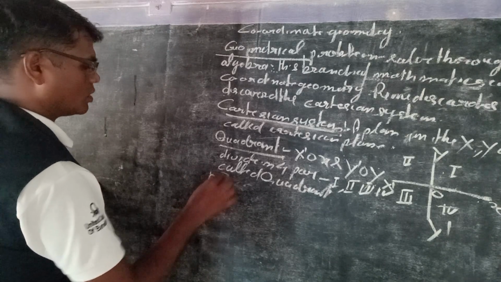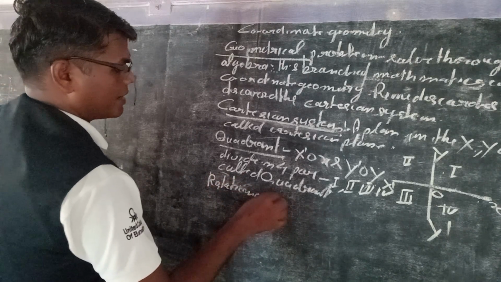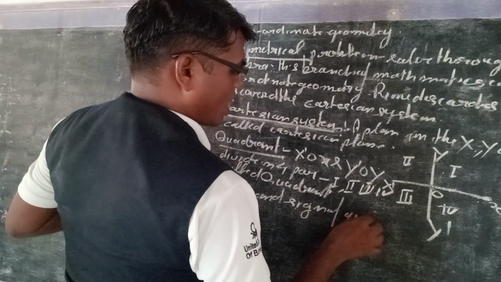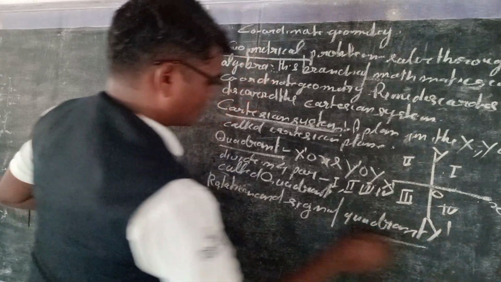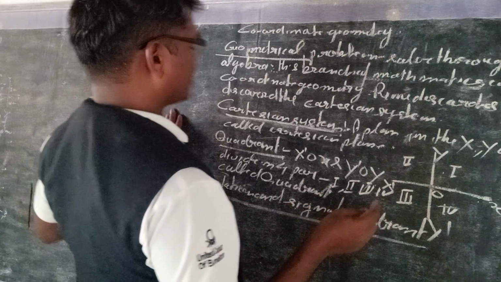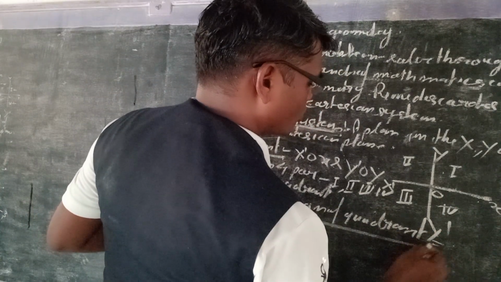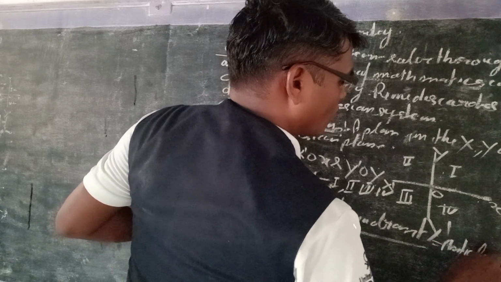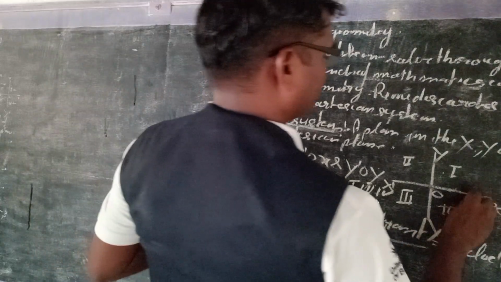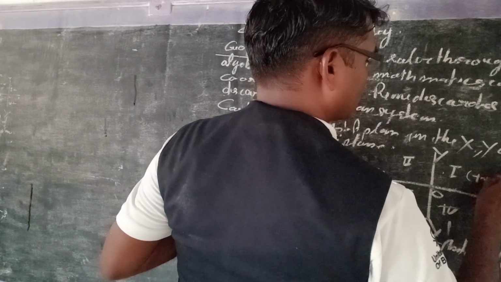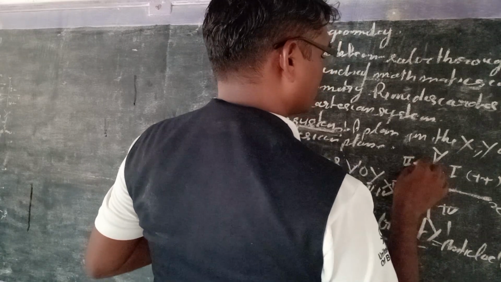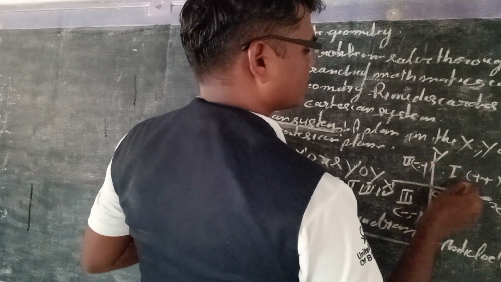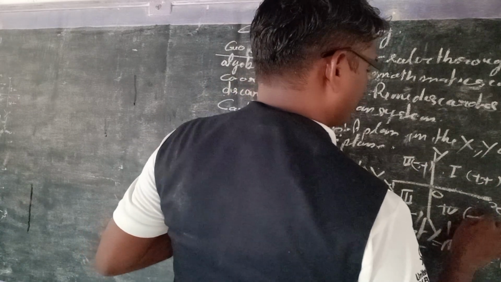Rotation and sign of quadrants. The rotation of the quadrants will always be anti-clockwise, and the sign here will be, first, plus and plus, then minus and plus, then minus and minus, and then plus and minus.